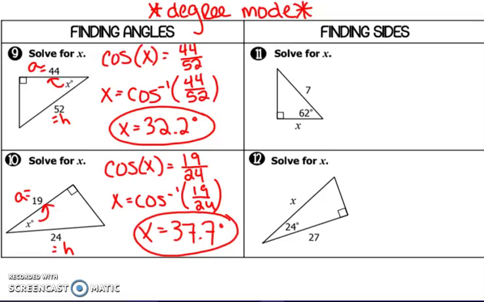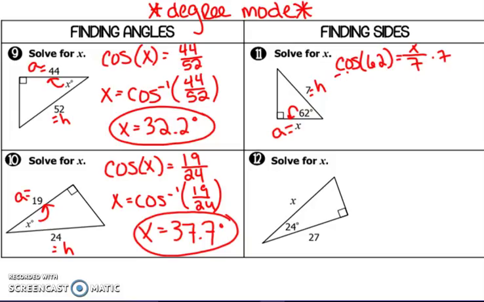Now, when it comes to solving sides, again, we still want to start by labeling those sides. If I look at my angle, I need to first label my hypotenuse, which is 7. And if I look from my angle to x, it's right next to, so that's my adjacent. That tells me I'm using cosine. So now, since I have the angle, it's cosine of 62 is equal to x over 7.